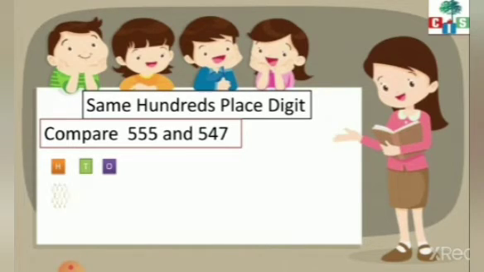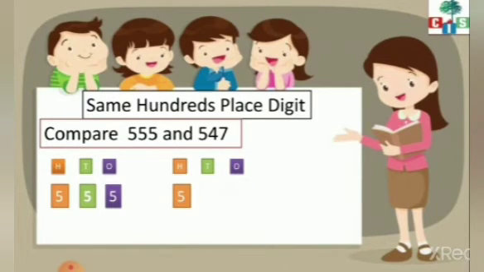So 5 under hundreds column, 5 under tens column, and 5 under ones column. All these three digits stand under different place values. Now there is another number, 547. Hundreds, tens, ones. 5 under hundreds column, 4 under tens column, and 7 under ones column. Okay.